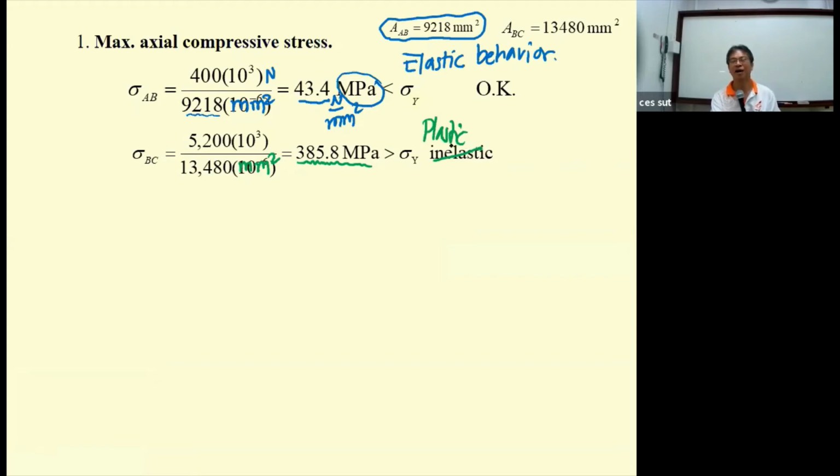Now, the two portions of the column are in different behavior. One is elastic, one is plastic, and we find that the maximum compressive stress is 385.8. That is the answer for problem one.